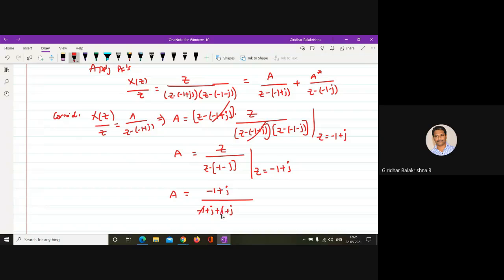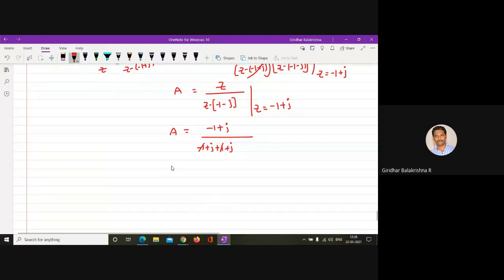So -1 plus 1 gets cancelled. A equal to -1 plus j by j plus j, which becomes 2j.